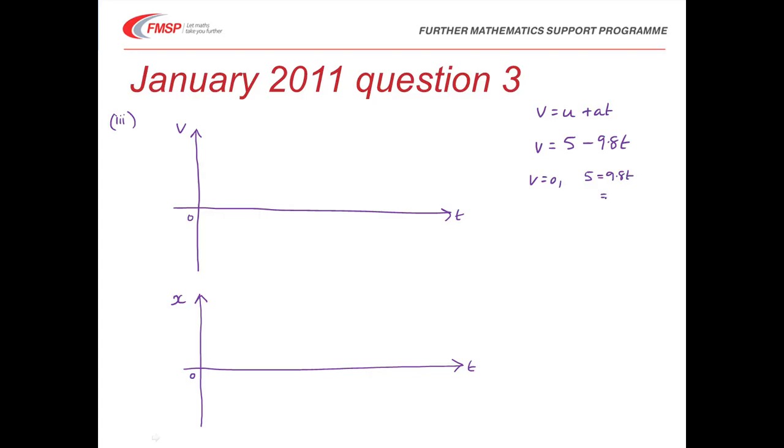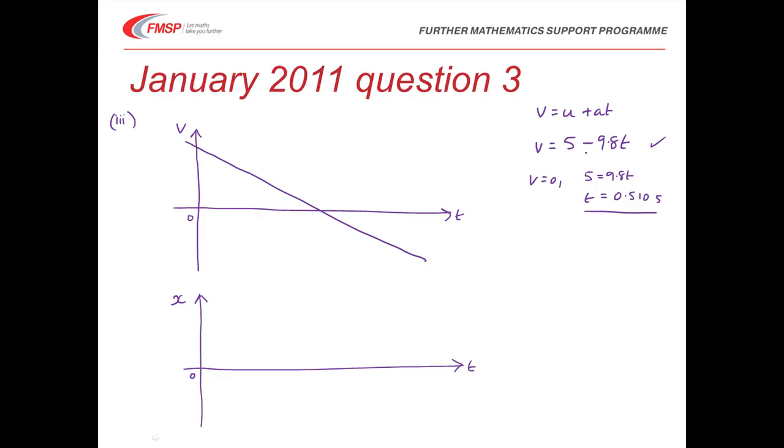And that gives me a time of 0.510 seconds. The question doesn't ask us to find that, but it's going to help me just understand the situation a bit better, because this is a linear equation, 5 minus 9.8 times t.